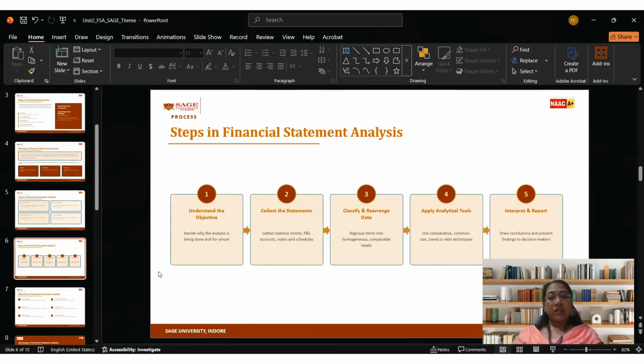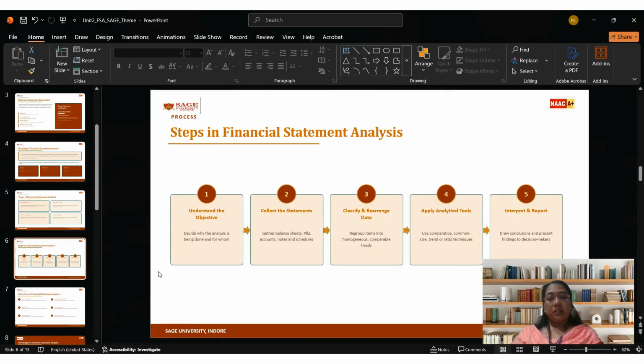Step 3, classify and rearrange the data. Regroup items into homogeneous, comparable heads so that, say, all forms of short-term debt sit together. Step 4, apply analytical tools. This is where the comparative statement, common size statement, trend analysis, or ratio analysis actually come in.